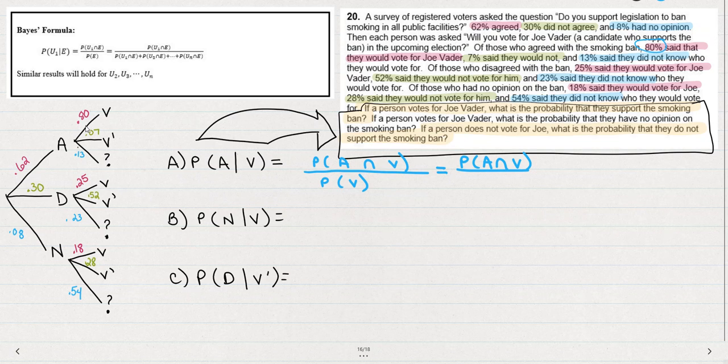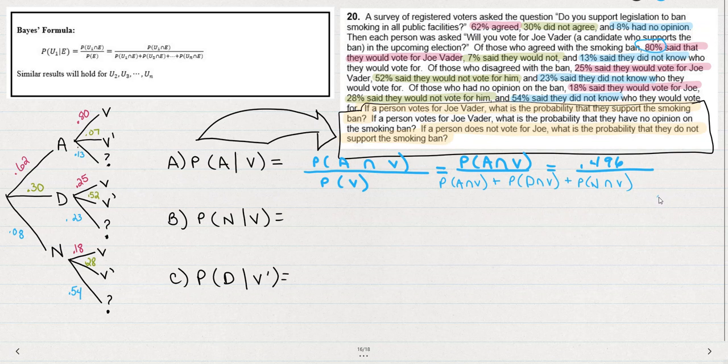So 0.62 times 0.80 is 0.496. Divided by the sum of approved the legislation and voted for Vader, didn't approve but still voted for Vader anyhow, didn't care about the smoking ban one way or another, no opinion, and still voted for Vader.